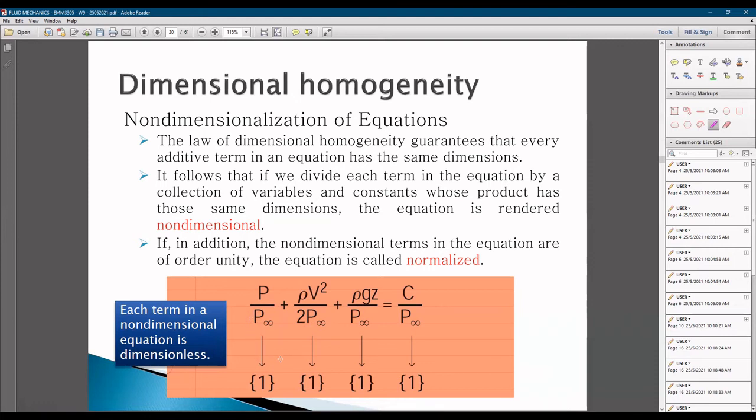Because on the top here you have pressure, down here you have also pressure, but at a different point. So if you work this out, you will get no dimension.